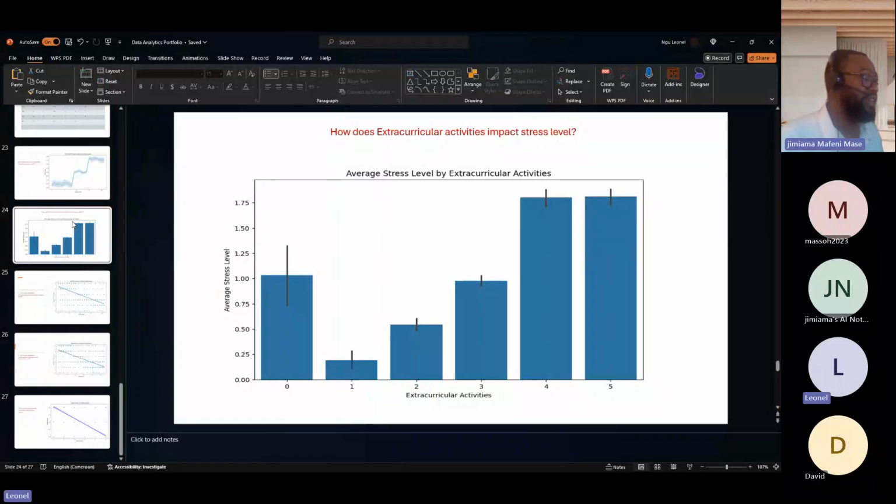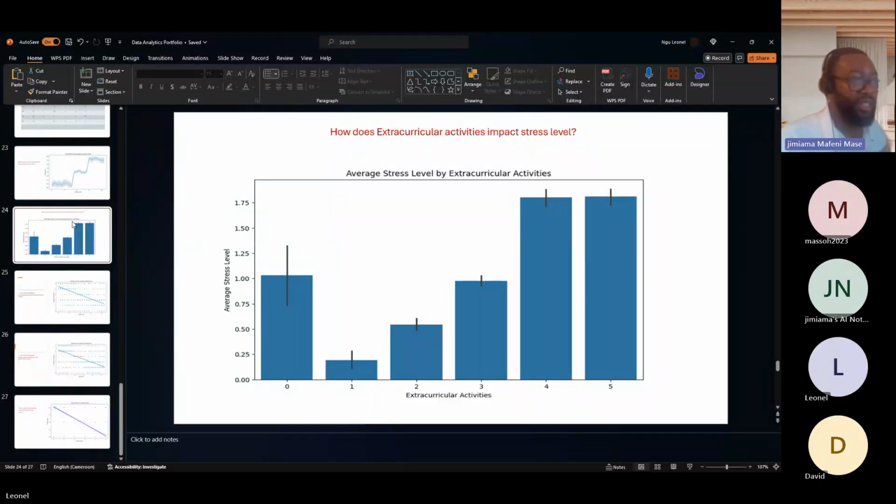But the school wants to propose extracurricular activities. So the school wants something where even if you have extracurricular activities, you will not have the same stress as when you don't have extracurricular activities.